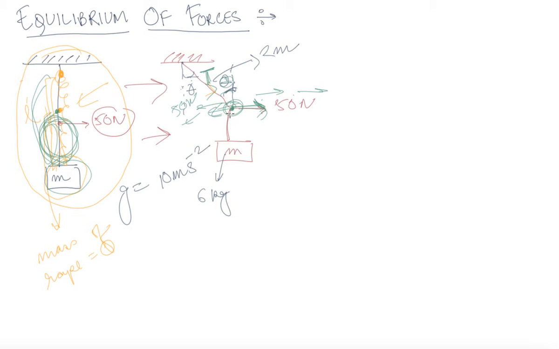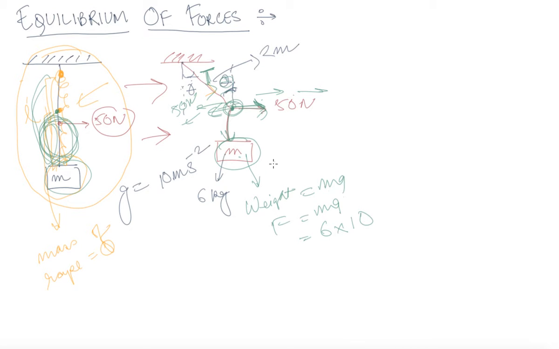Similarly, this object has mass 6 kg, so the weight is mg, which is the force applied due to this object. So this is mass 6 into acceleration due to gravity.